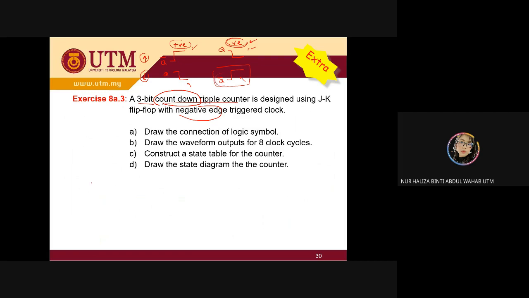So I just draw a simple flip-flop that I remember for my JK. First is my FF0, FF1, FF2. This is my J0, K0, J1, K1, J2, K2. I have Q2, Q1, Q0.